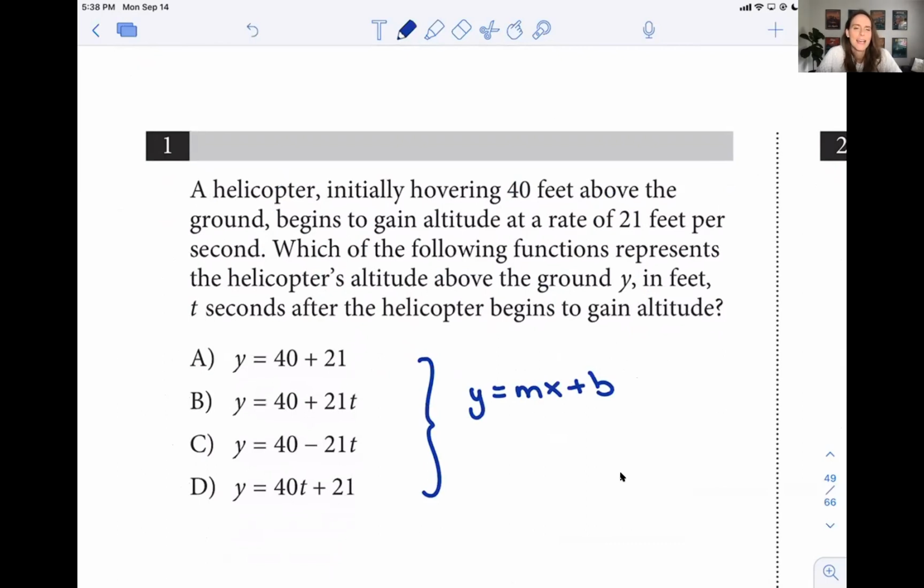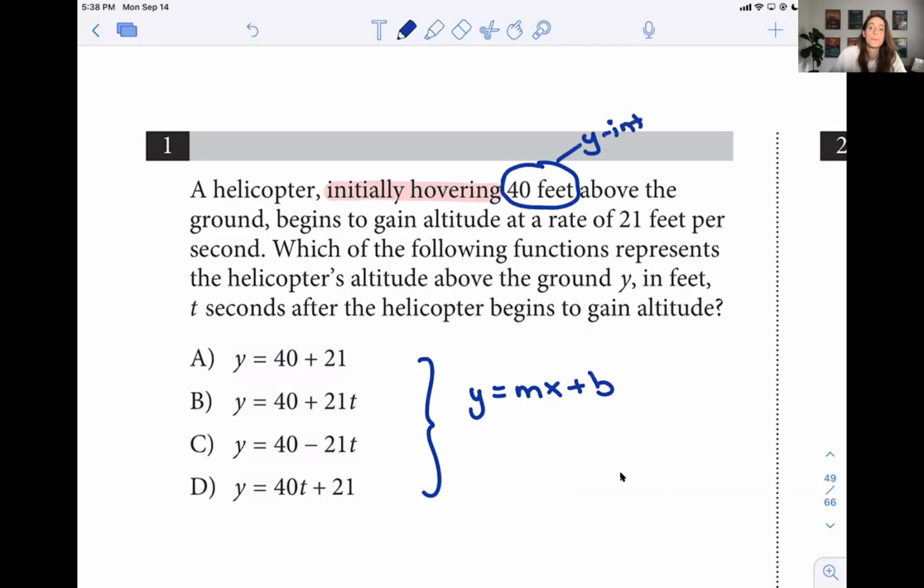In this case, as we read the word problem, we need to watch out for the y-intercept and the slope. So when we see here that it is initially hovering, that is our starting point, right? So 40 feet is our y-intercept.